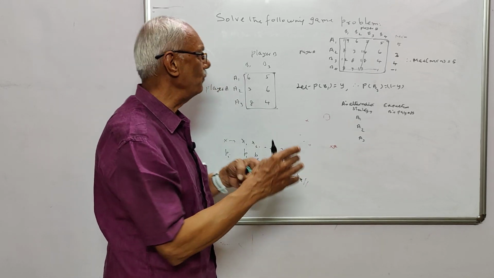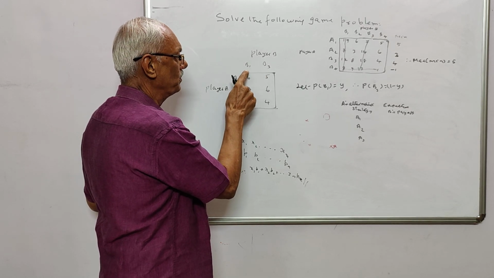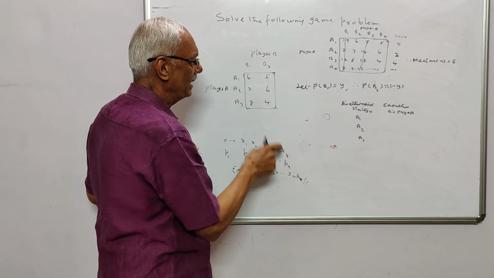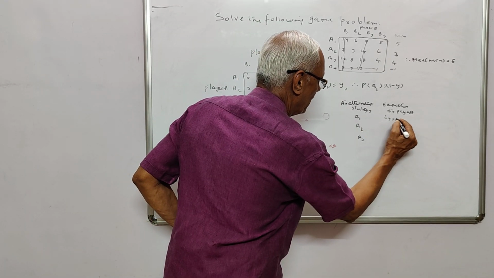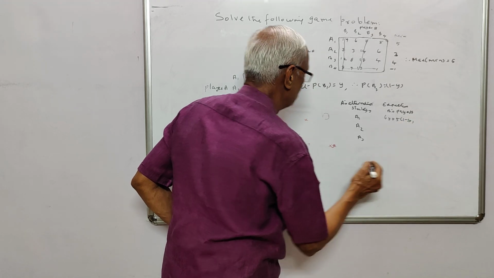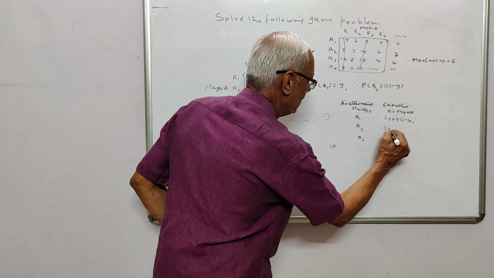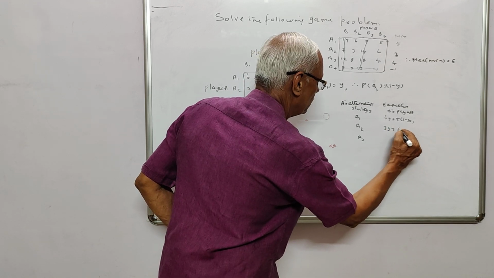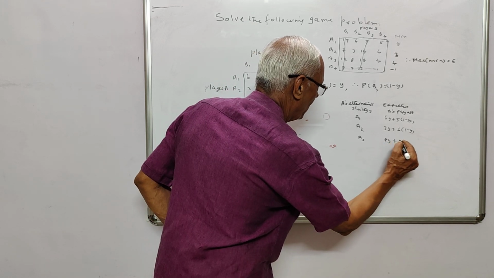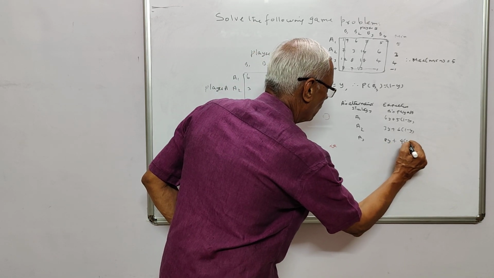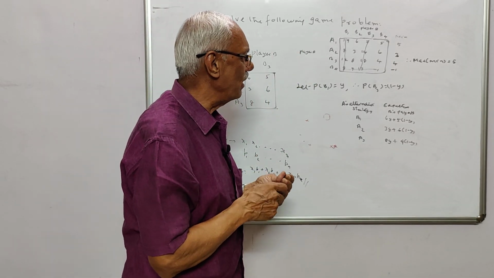So what is that payoff when B uses his strategy with probability Y, and this is 1 minus Y? It is 6 into Y plus 5 into 1 minus Y. Then if he uses his strategy 2, it is 3 into Y plus 6 into 1 minus Y. And for the third one, it is 8Y plus 4 into 1 minus Y. This is called the expected payoff function.